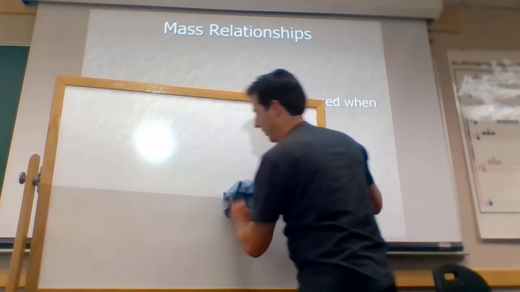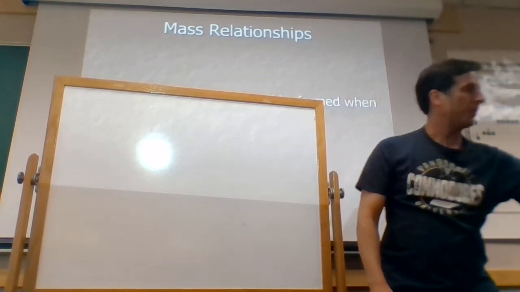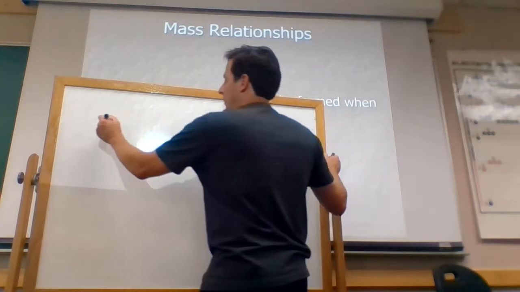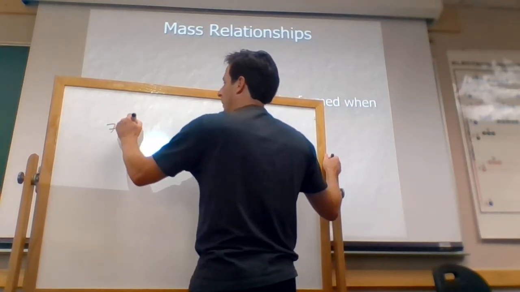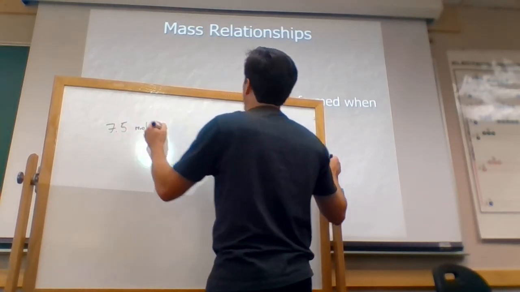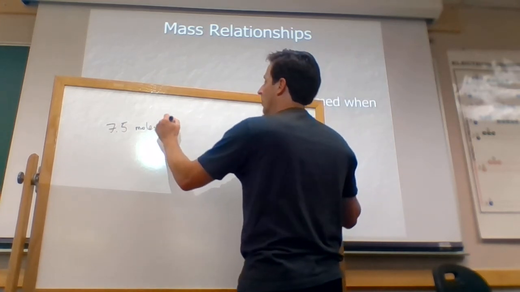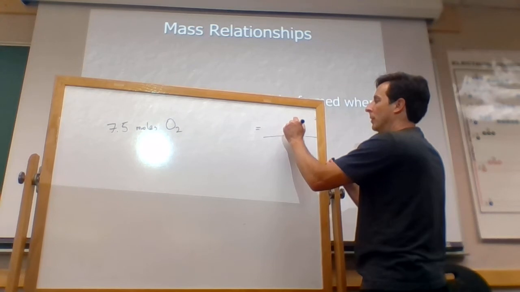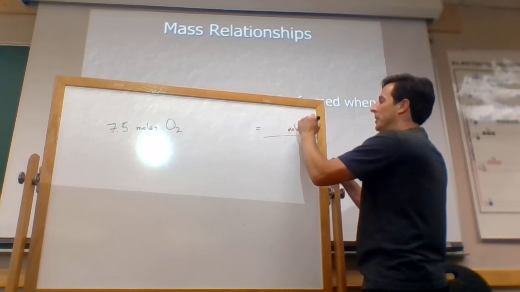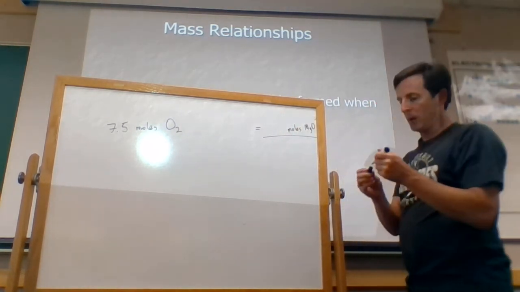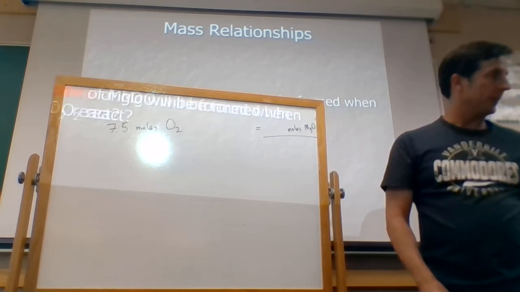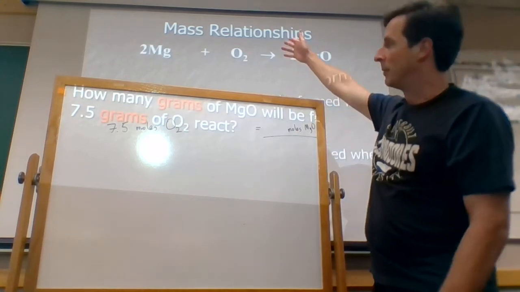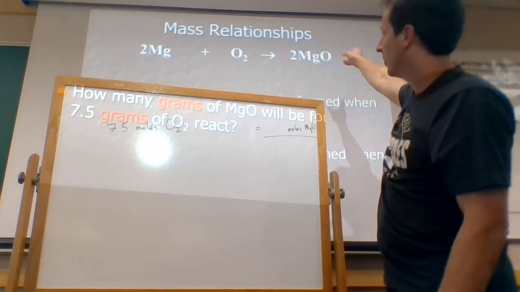All right, so for this first problem, I have 7.5 moles of O2, and I want the moles of MgO. So, when I look at this, I have to have my balanced equation up top, 2 Mg plus O2 yields 2 MgO.